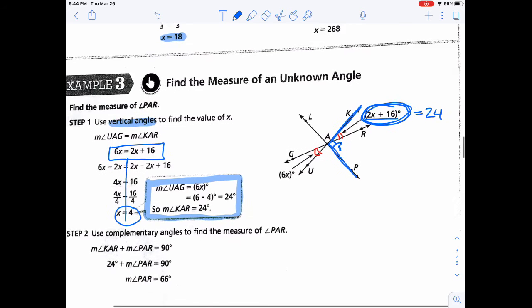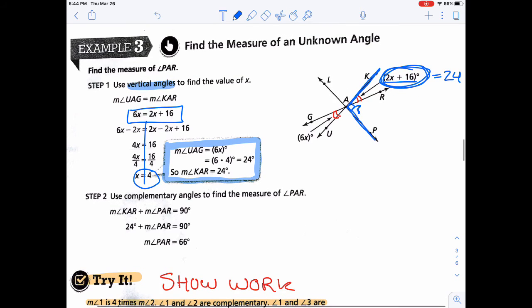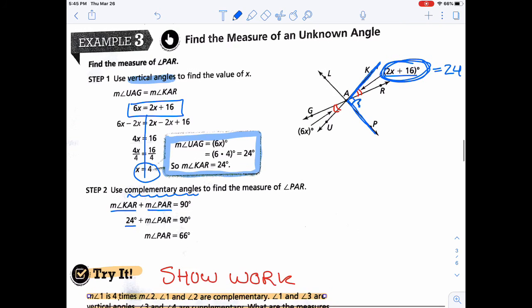So now all we need to do to find our question mark is set up our equation that we know to be true. So since we know that those are complementary angles, like I was saying, we know that KAR, which we just found is 24, plus the measure of angle PAR is going to equal 90. So this measure of angle PAR, you can always just think of that as just a variable. You're just solving for that angle measurement.